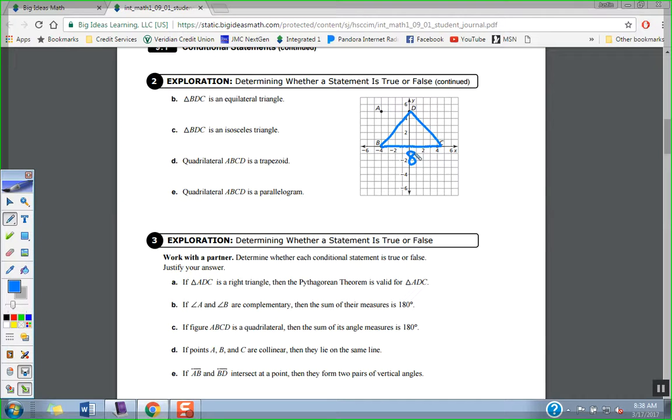This is 4 squared. What's 4 squared, kids? 16. And then the height of this is 5. So my change from C to D is a change of 4 and a change of 5. What's 5 squared? 25. Okay, so this distance would be the square root of 16 plus 25, which is 41.